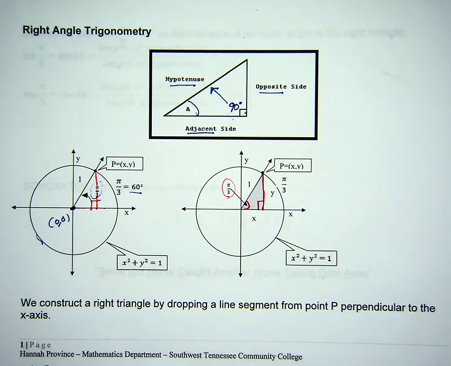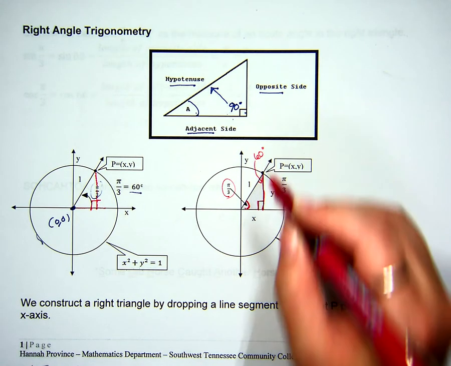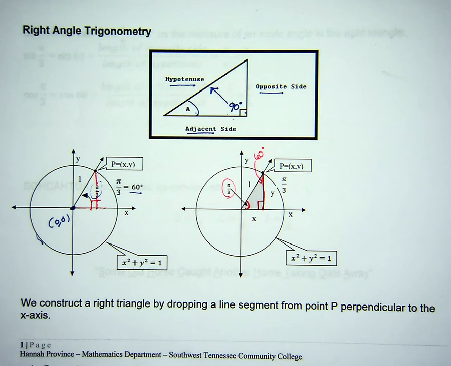So if you already know that one of them is 90 and one of them is 30, that must make the other one 60. Oh, whoops, I'm sorry. This one's 60, this one's 30. Sorry about that. So let's talk about this.